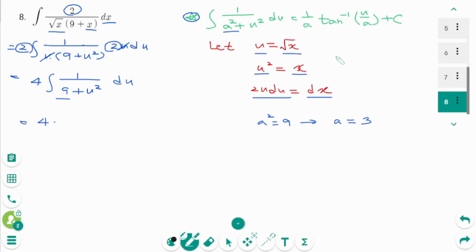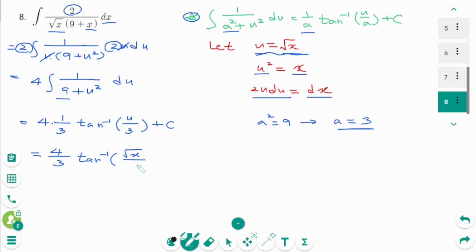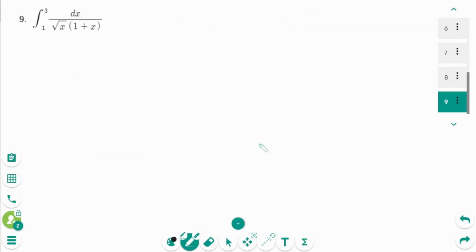So 4 times 1 over a, and 1 over a is 1 over 3. Arctangent of u over a, which is 3, plus c. The final answer is 4 over 3 arctangent of u, which was the square root of x, over 3 plus c.